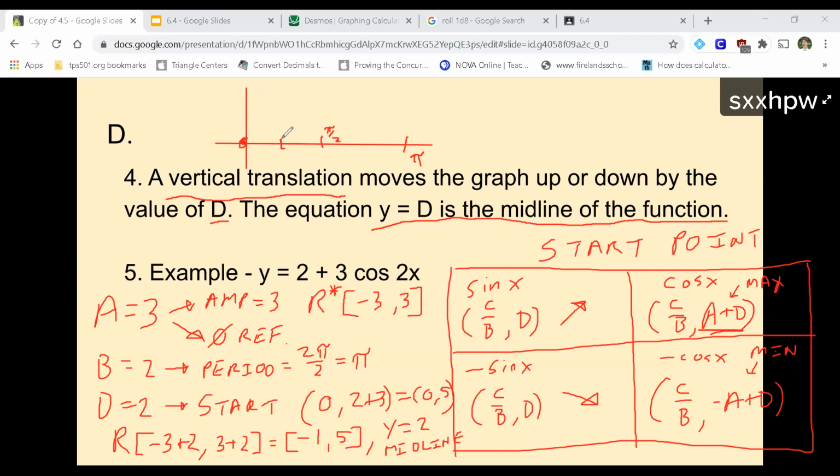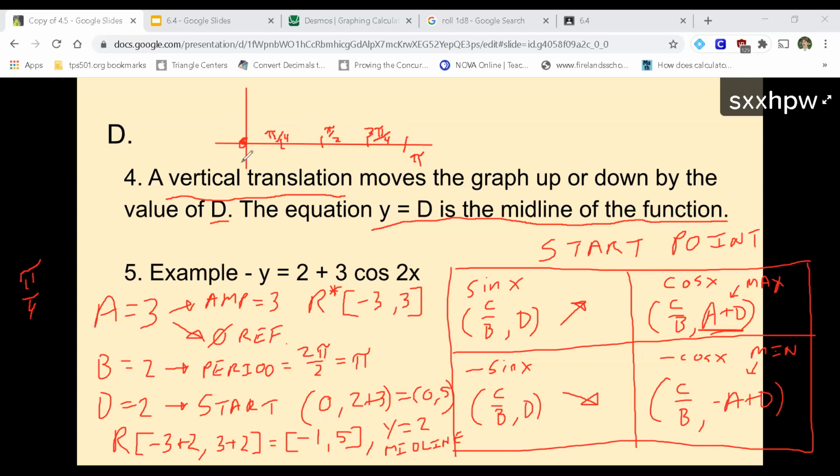Quarter way point would be pi over 4. 3/4 way point would be 3 pi over 4. And again, you could get those intervals by taking the period and dividing it by 4. Every pi over 4 will transition.